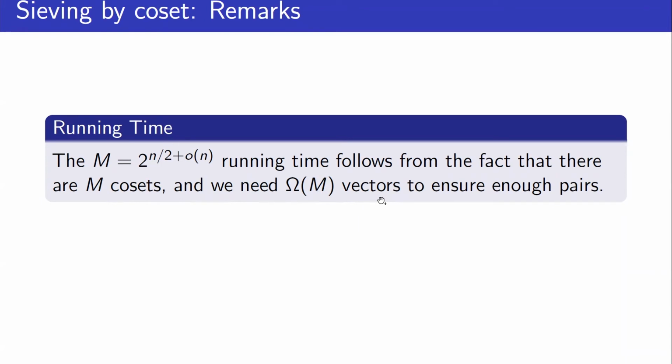We can guarantee that there are enough vectors to pair, so that the algorithm is able to proceed, because we are going to, in fact, repeat this process for log n times. So we have to have this many vectors to start with so that we can continue. So this is a simple bound on the running time.